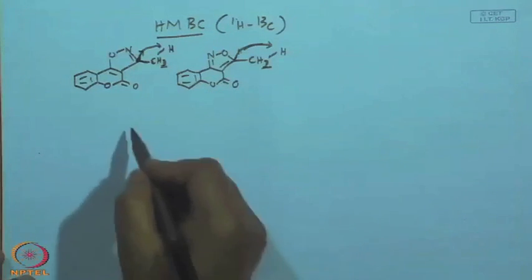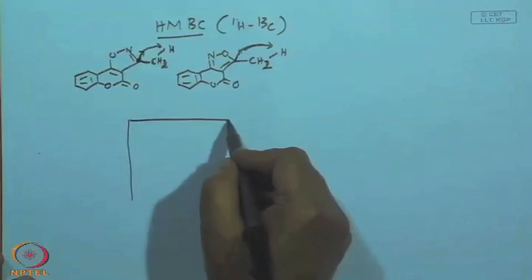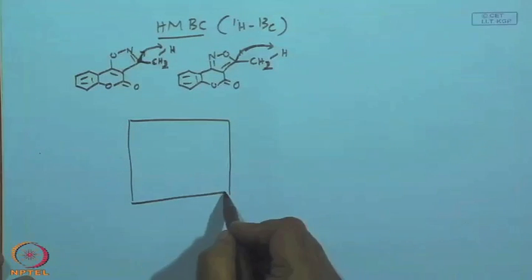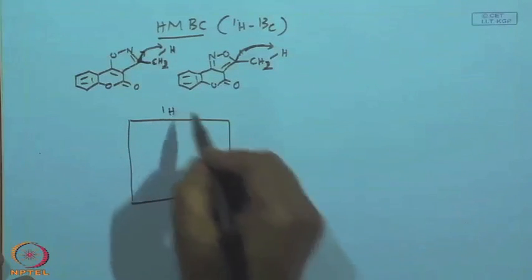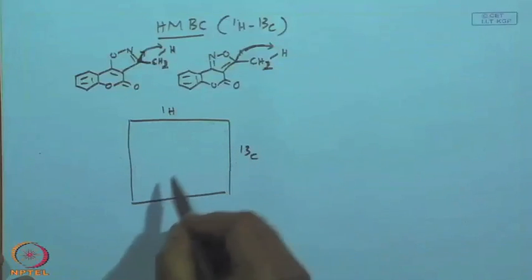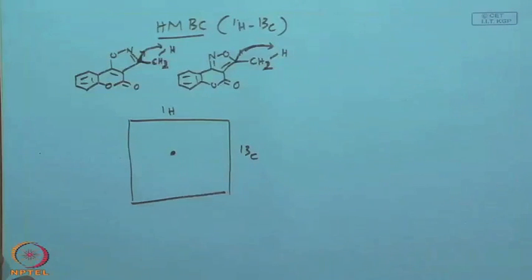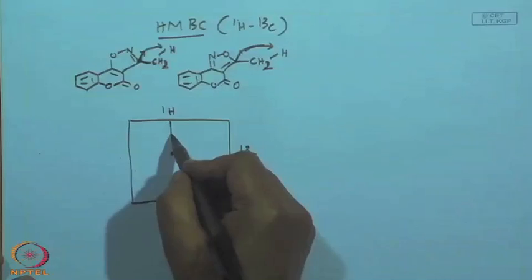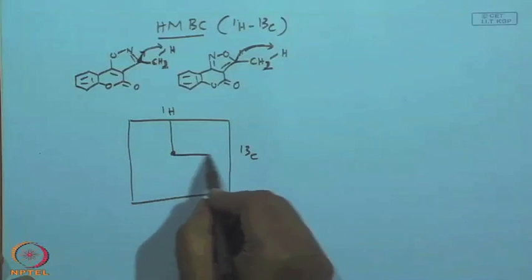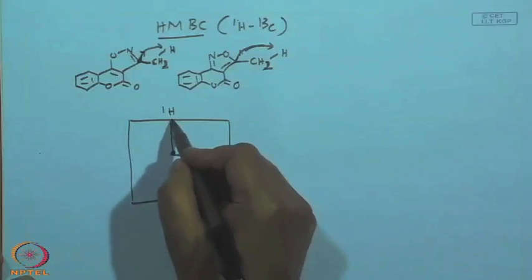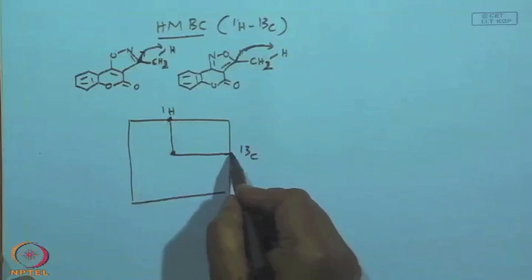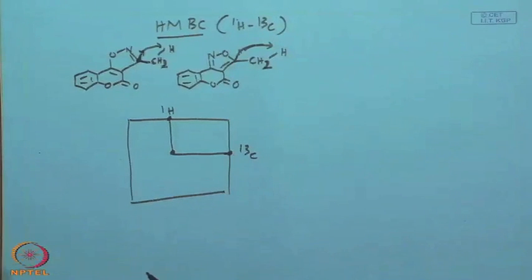So, how does the spectrum look like? Let us say this is a proton scale, this is a carbon scale. If you have a spot like this, that means just basically a vertical line and a horizontal line. That means this hydrogen is coupled to this carbon, that is all.